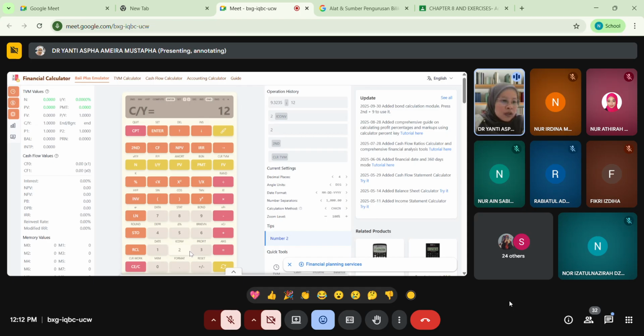Alright, so you press the arrow until you come to EFF. There are only three: NOM, EFF, and C/Y. Now EFF is 0, so you press compute. 9.32 was wrong, so let me do that again. I have to clear my work.